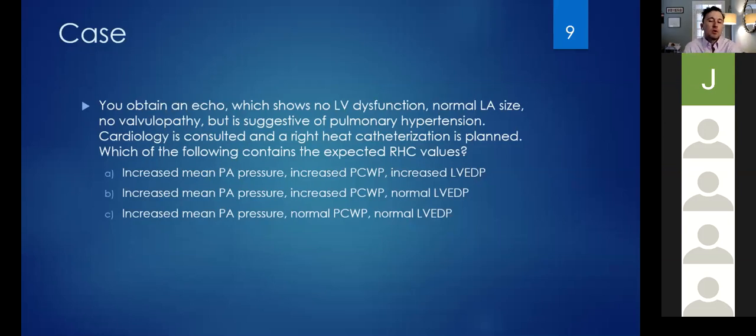Okay. So you could probably guess what our diagnosis is based off the title of the presentation. Given that, what do you think you would see on a right heart cath?